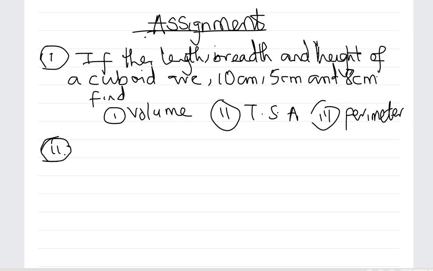The number 2 question. Let's just put that in form of diagram to make it much easier. So you have a cube here.